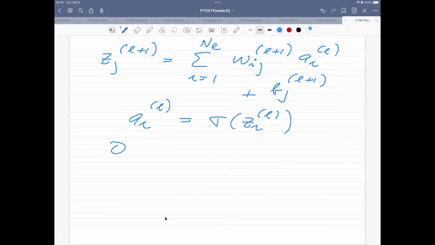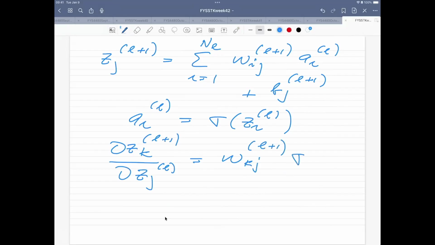So that means that this dCk of L plus 1, which I had in that expression on the previous slide, has simply to be given by Wkj of L plus 1, multiplied with the derivative of the cost function with respect to the input to node j in layer L. So when I then have that, then I can find the final expression.